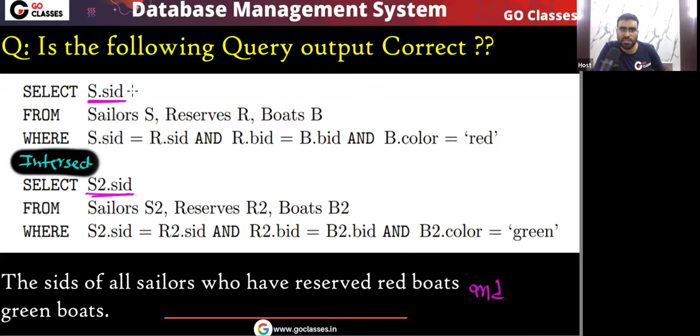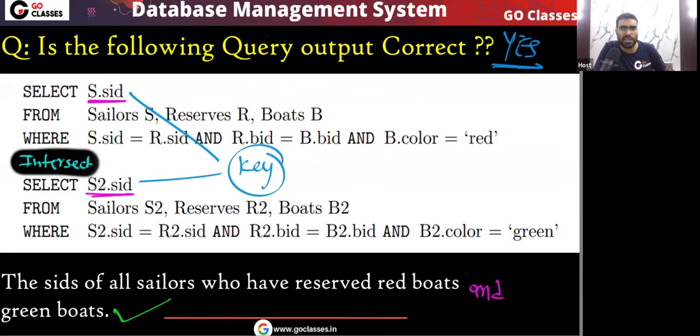Yes or no? Now this is a key, right? The answer is yes. Now this query is correct because this is a key. You cannot have two different sellers with the same SID. So now this query will pass.